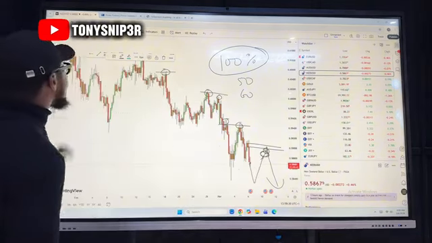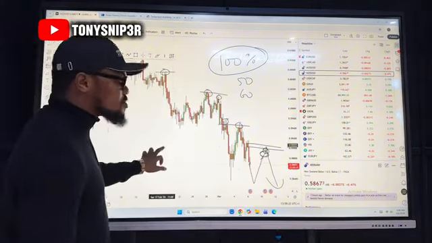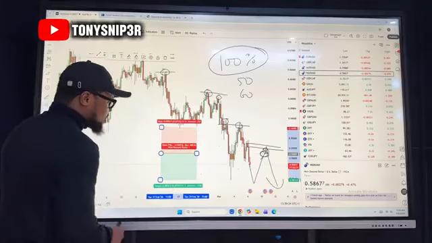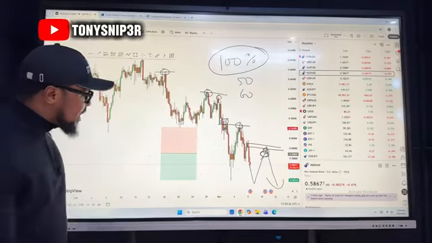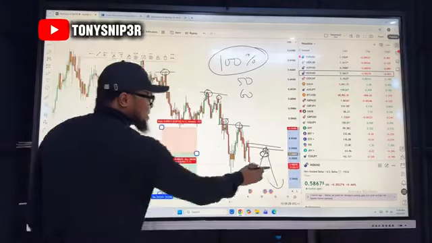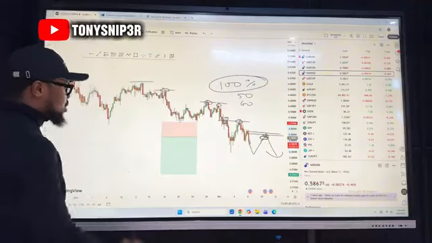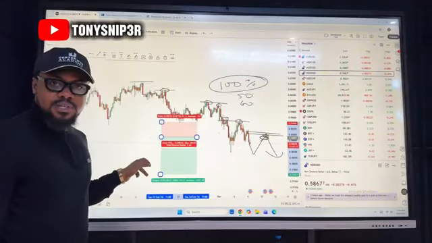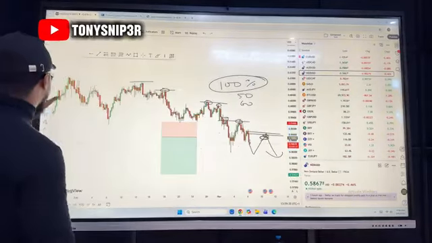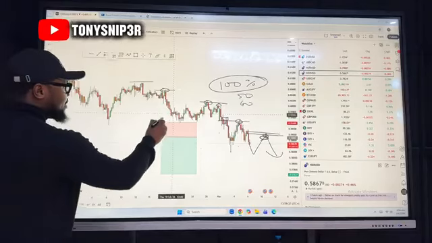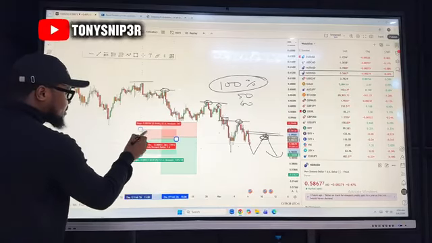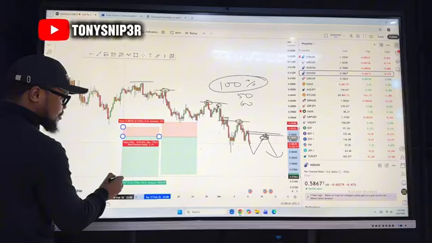Then another issue most traders face when it comes to getting stopped out is positioning. Now, take for example, you want to take this kind of trade. You can see how big the SL is, 50 pips. Now, if you're taking a trade like this, then you're taking another trade like this, okay?